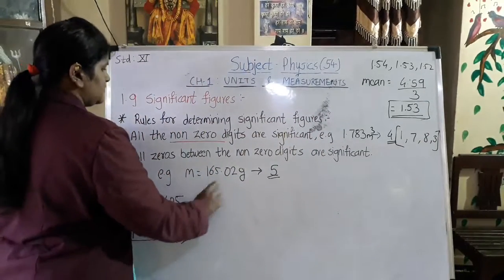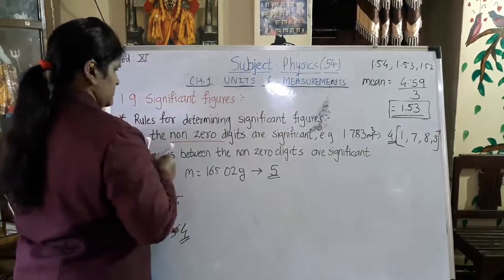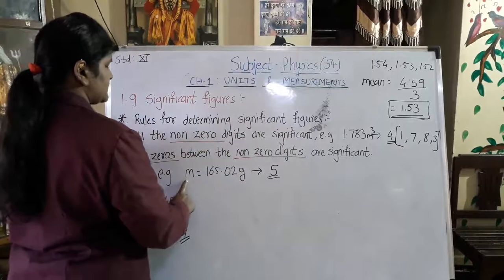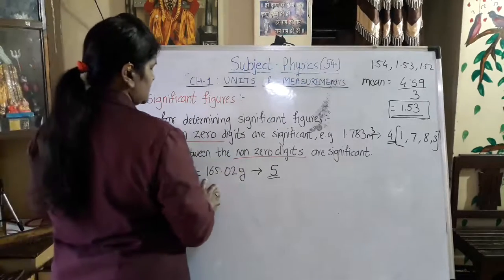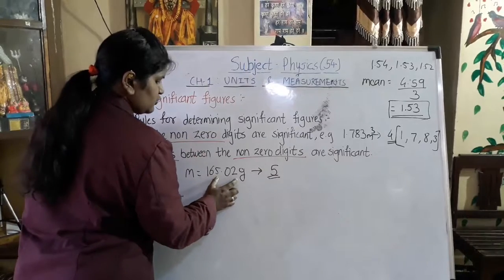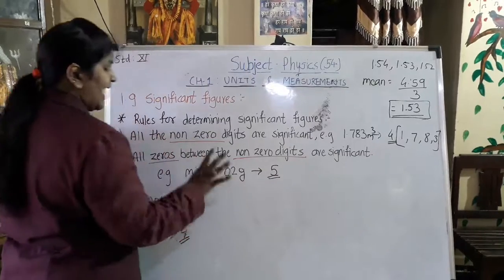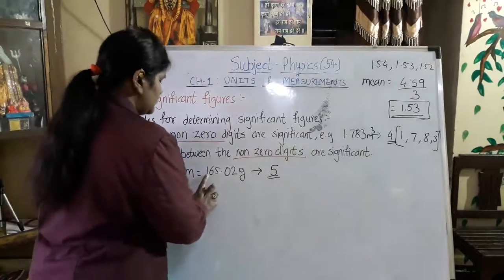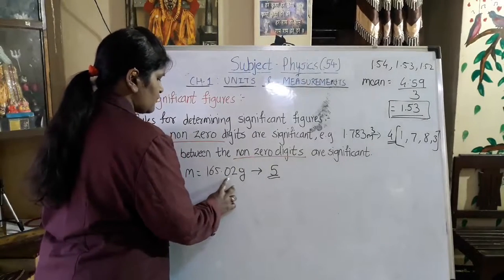Giving an example, if the mass of anything is 165.02, here you can see 0 is between two non-zero numbers, right? So how many significant figures are there inside this? 1, 2, 3, 4 and 5.